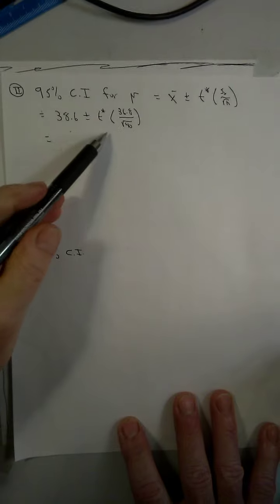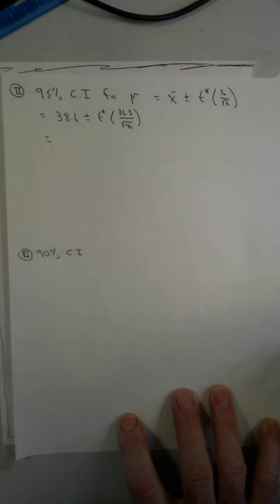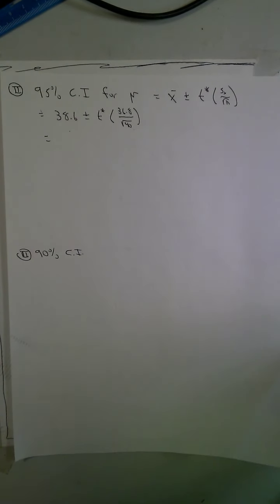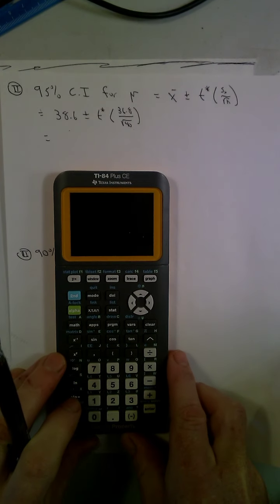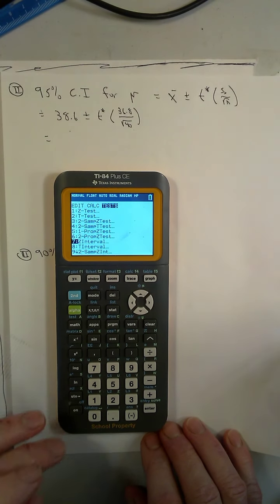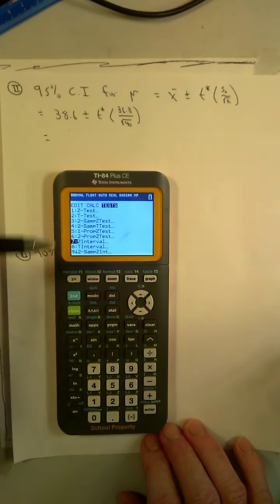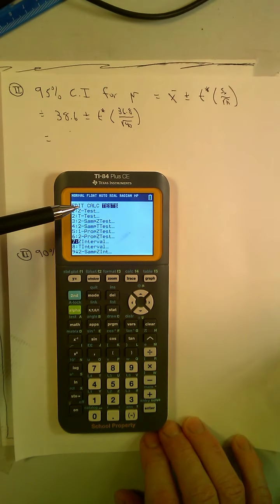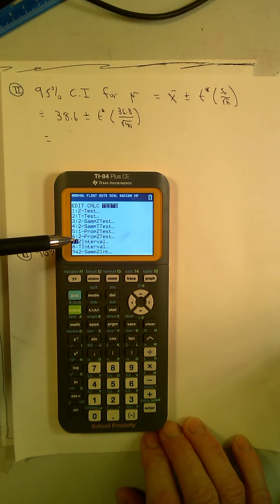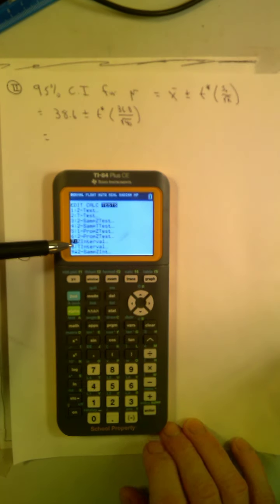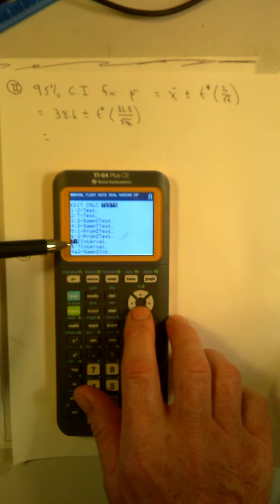Okay, so now I have to do these calculations, and our calculator is really good at calculations. So bring out my calculator. Now it's an interval, and I'm looking for a t interval, not a z. Skip over the z and go to t.